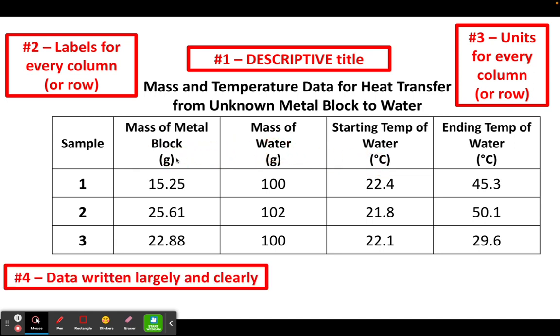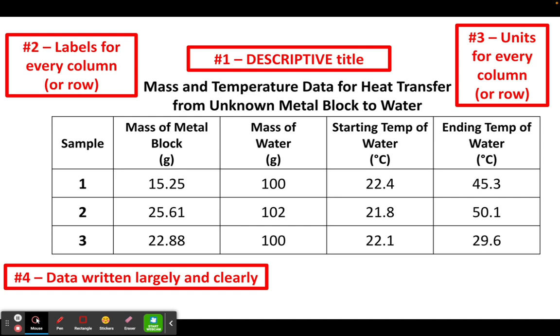And another thing, data is written largely and clearly, right? So notice these are clear numbers. They're not really tiny. Making sure your tables are neat, legible and clear is very important because in science, the main reason you record data is not only for yourself, but for the scientific community.